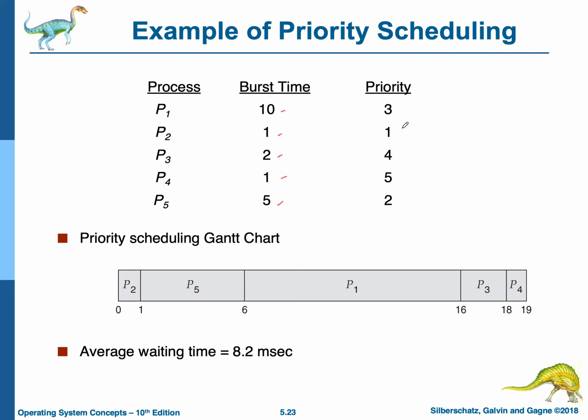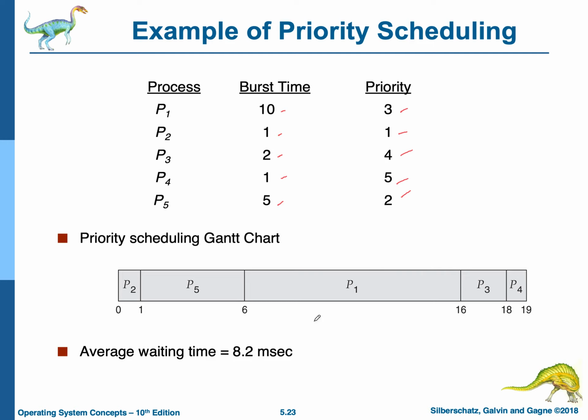Maybe you have seen in the data structure course where you have studied different types of queues, right? So in this, the priority matters, not the CPU burst time. So P2 has priority 1, then P5, then P1, then P3, then P4. You see P2, P5, P1, P3 and P4. This arrangement is on the basis of priority.